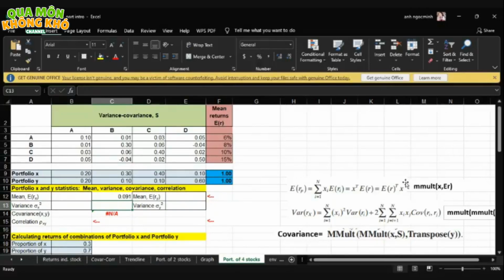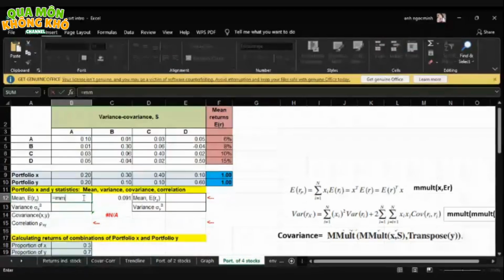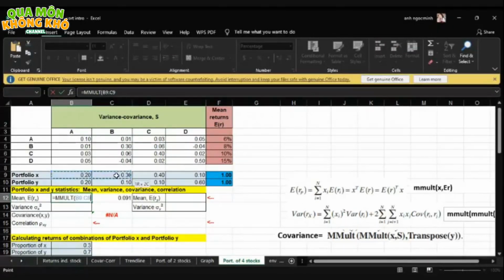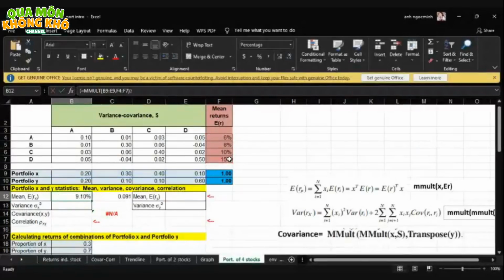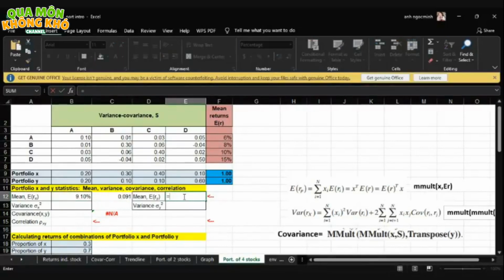So I would like to apply the matrix multiplication function to calculate the mean more quickly. So we have the same result, but it's more efficient.